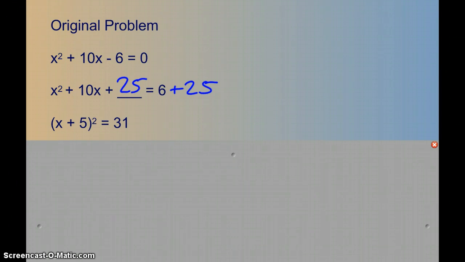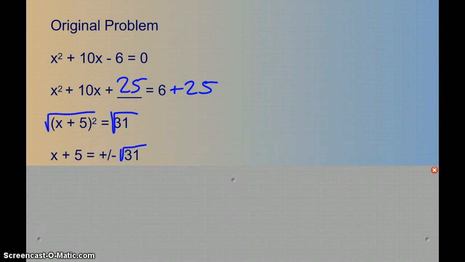So that gives us (x plus 5) squared equals 31. Now, we said if I have a perfect square, I can get rid of the square by taking the square root of both sides. So that gives us x plus 5 equals plus or minus radical 31.